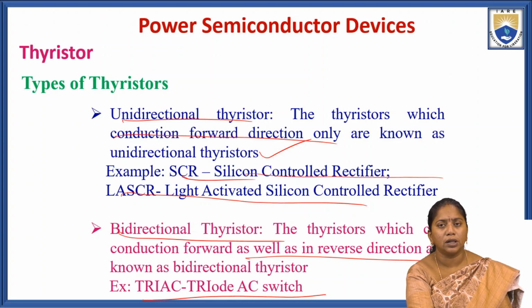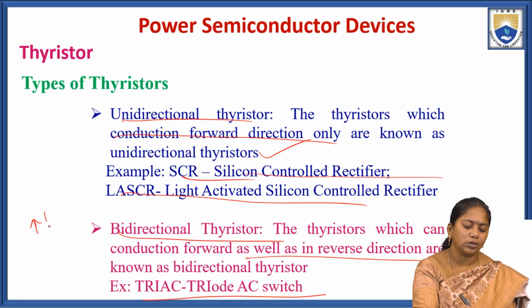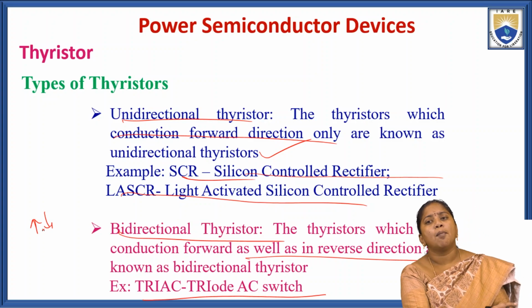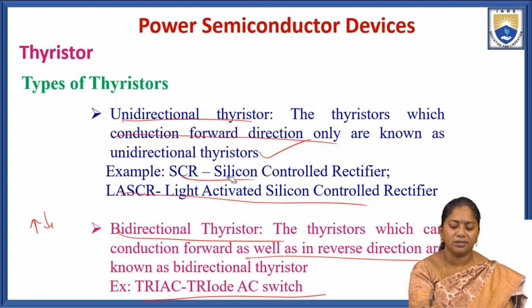The second one is the bidirectional thyristor, which can conduct in both the forward and reverse directions. That's why it is called the bidirectional thyristor. An example is the triac, triode AC switch.